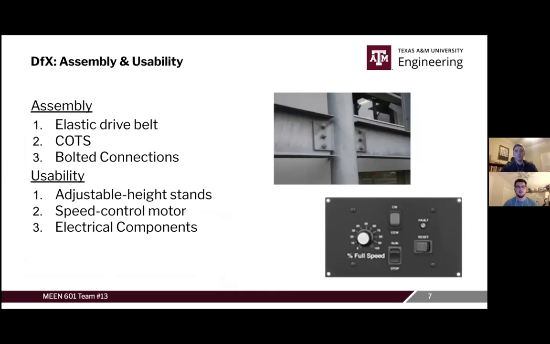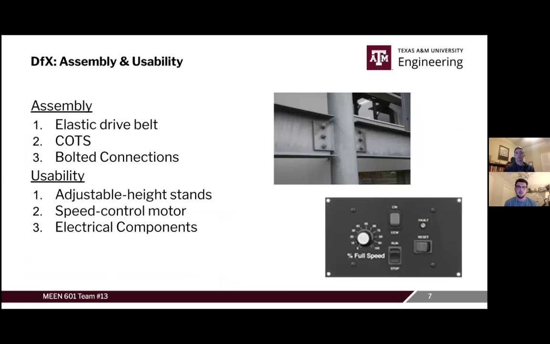When designing, we wanted to keep in focus the assembly and usability after discussing that with our end user. For assembly, we chose a highly elastic drive belt and a neoprene rubber that will allow the person assembling the system to simply slip that over the drive pulleys. We wanted to utilize commercial off-the-shelf parts as much as possible. And then in our bolted connections, this again just drives home the assembly process.